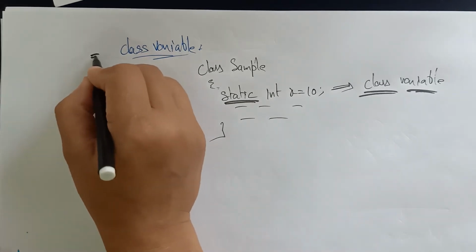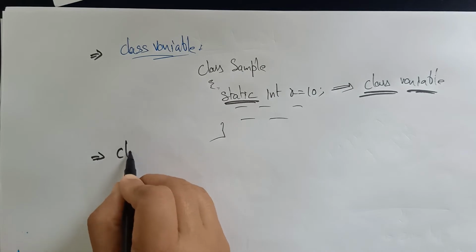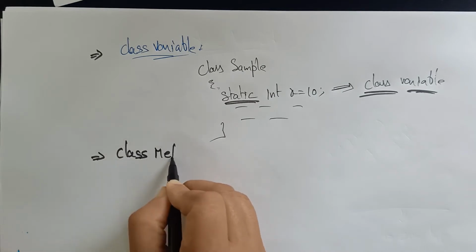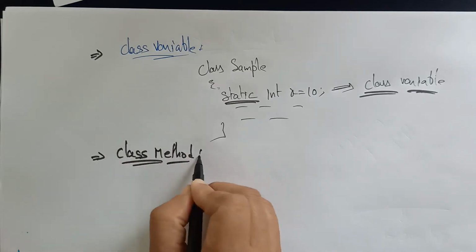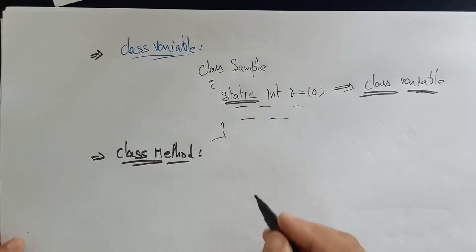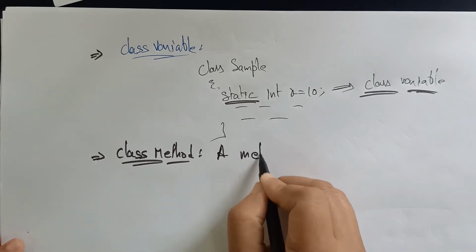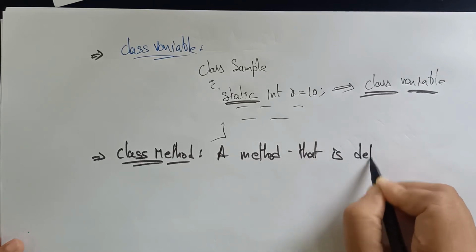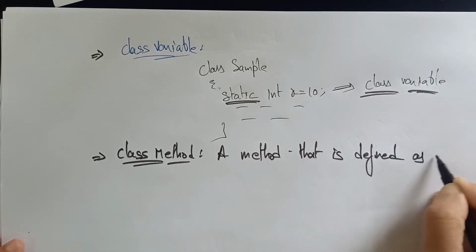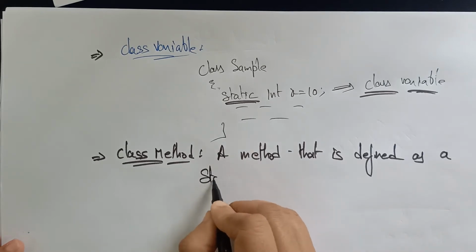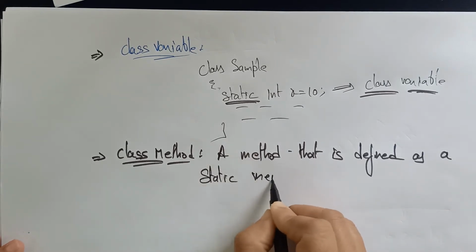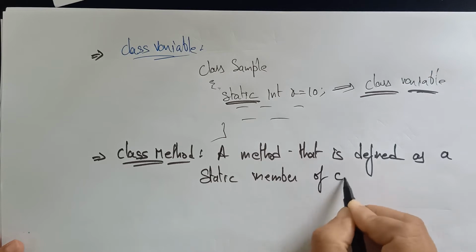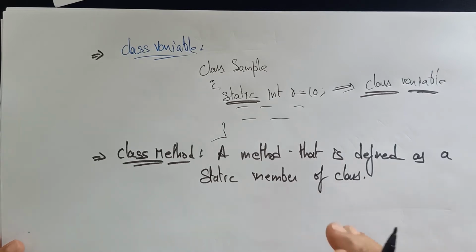Then what about the class method? How to declare the class method? The class method means a method that is defined as a static member of the class.